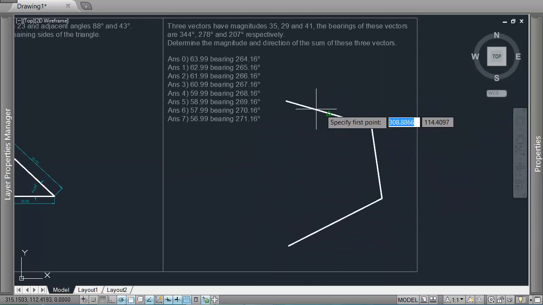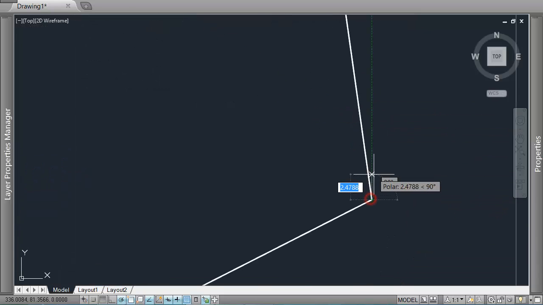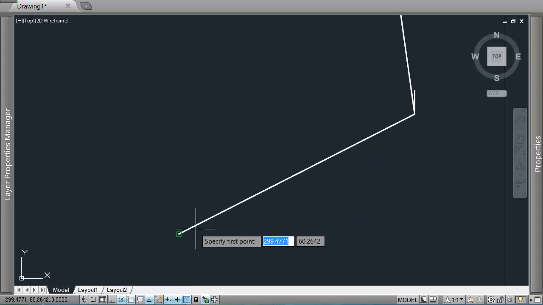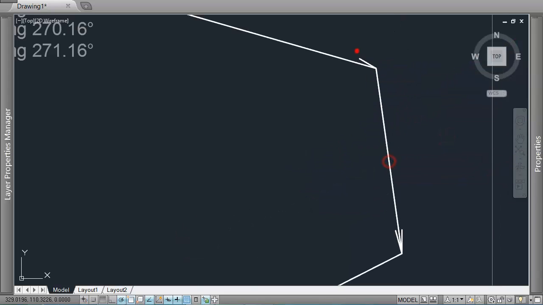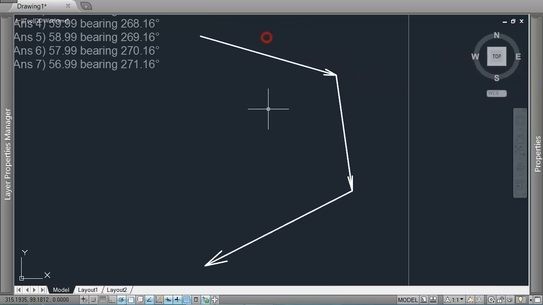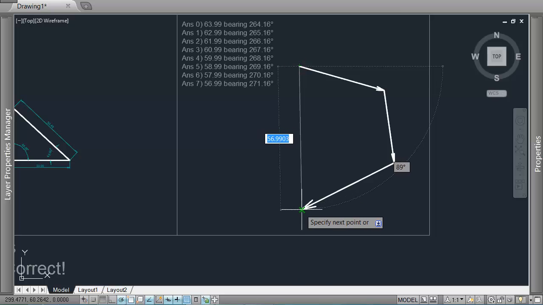And if this was the starting point here, we've basically gone head to tail, so we've got a vector pointing this way, a vector going this way. So this is the flow of the vectors, which means my final vector is down this way.